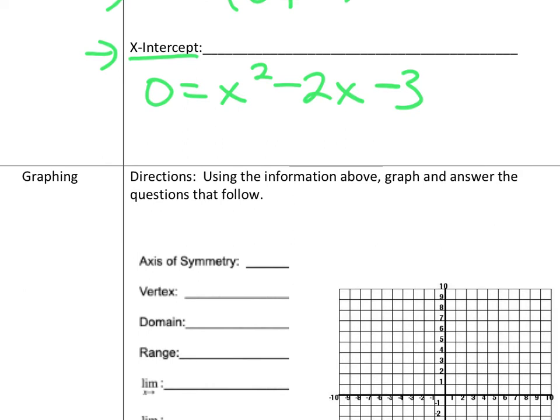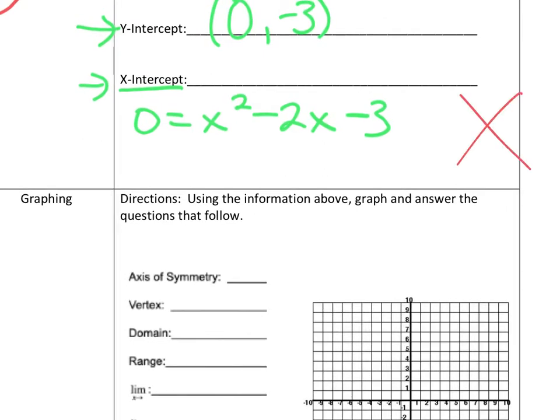Isn't that what we did last class? It is. How do I factor that? Two things that multiply to negative 3 that will add to negative 2. Okay, so 1 and 3 are going to be the numbers, and which one's going to be negative? Yep, the 3. Good.